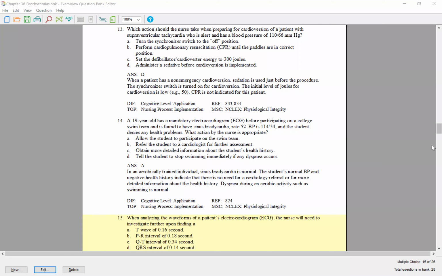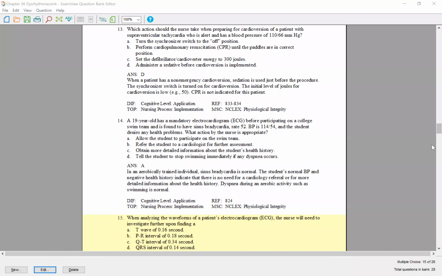Okay, so let's try. Anyone else wants to volunteer? Is a T wave of 0.16 normal? That's normal. Yes. PR interval of 0.18. No, that's abnormal. PR interval. Oh no, that's normal. PR. That's normal.